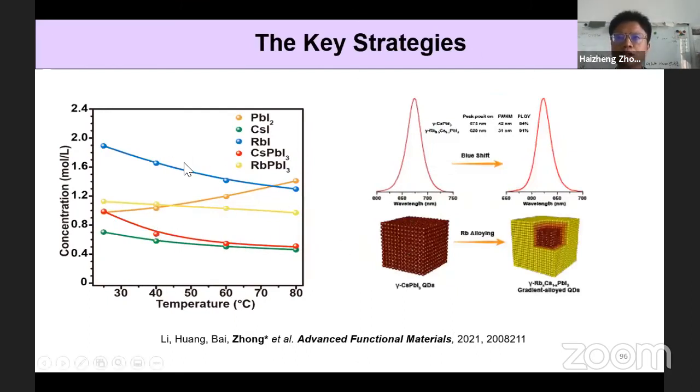By tuning the solubility of the precursors, we achieved Rb-doped cesium lead iodide QDs with a central emitter at 625.